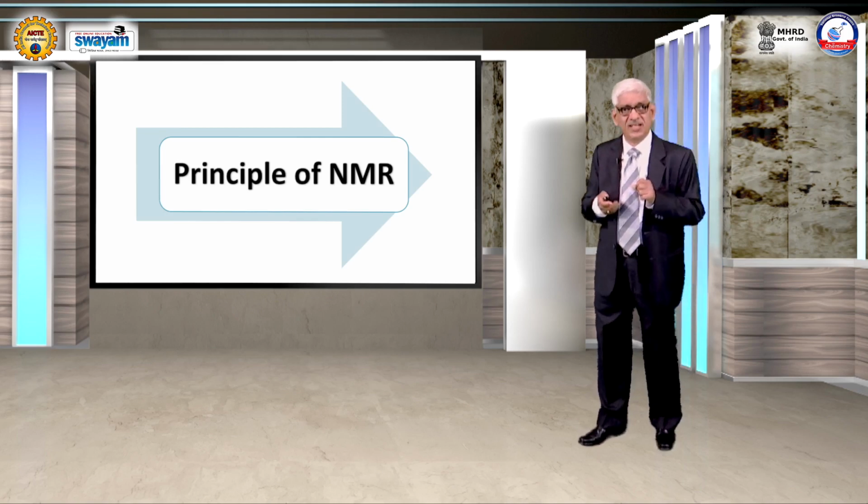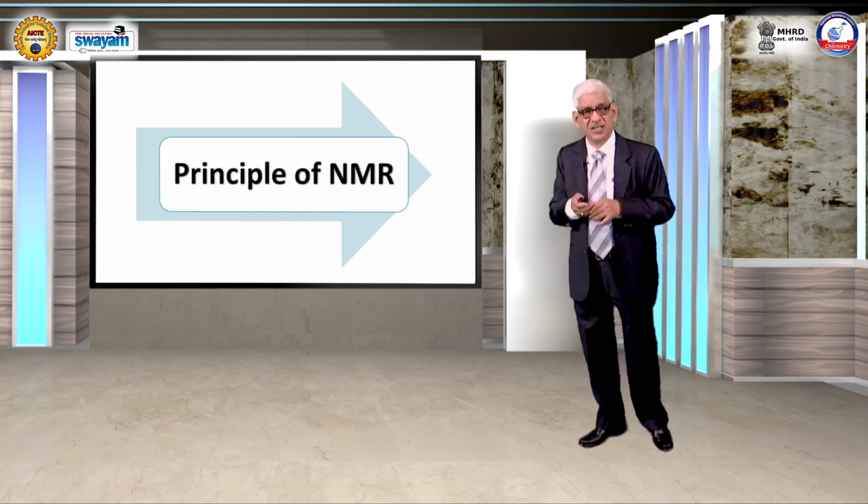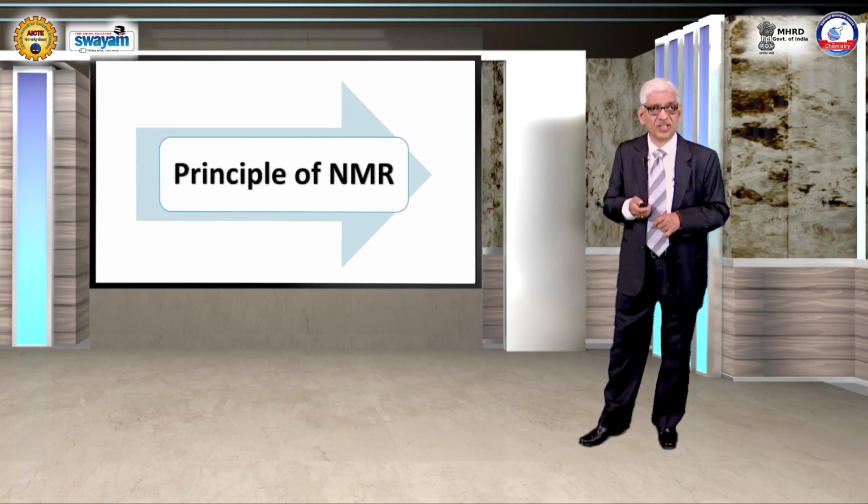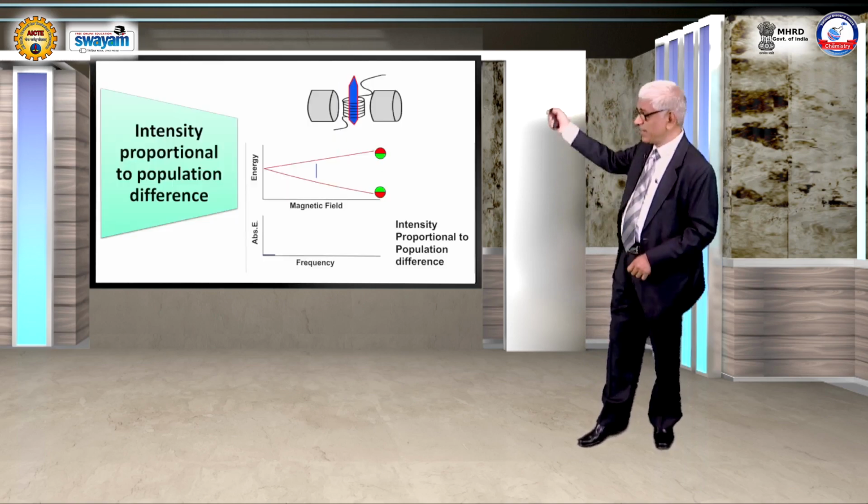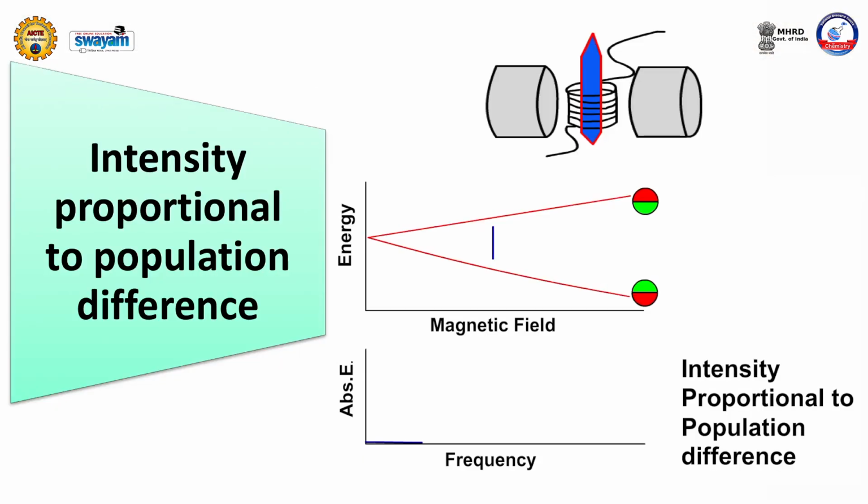In order to understand the basic principles, let us look here. What does it contain? You can see here there is a magnet and there is a sample in between, and that sample consists of the molecules which are of interest, the specimen you want to study. These molecules consist of nuclear magnets, tiny magnets, and these have certain energy in the magnetic field.